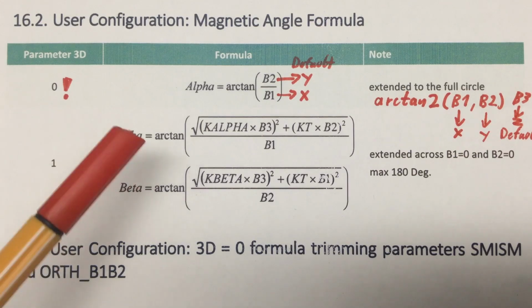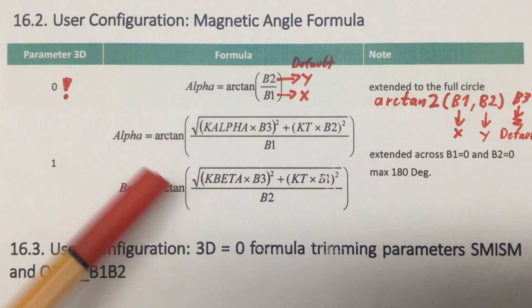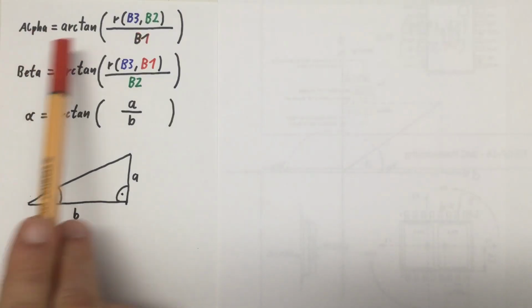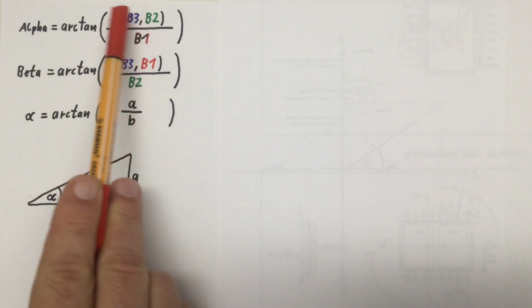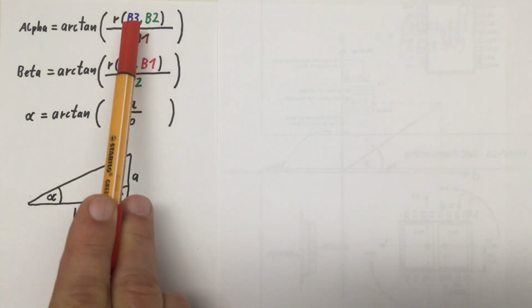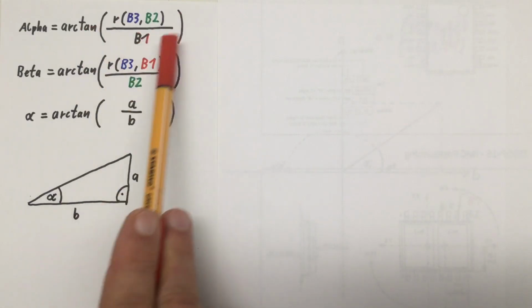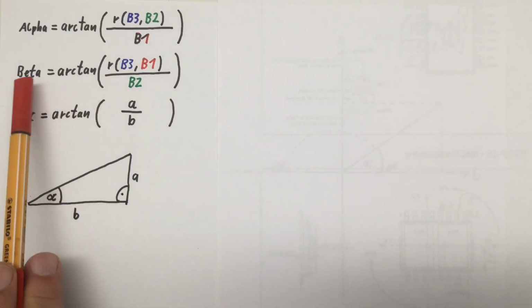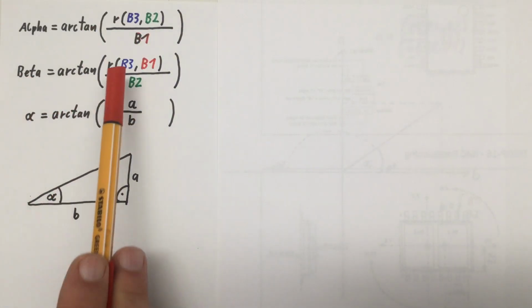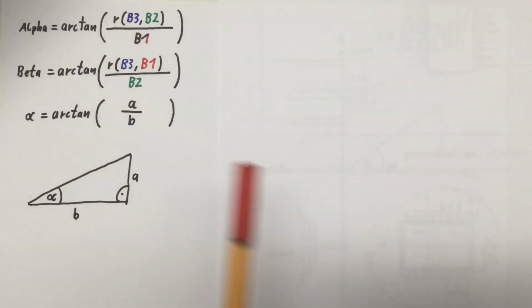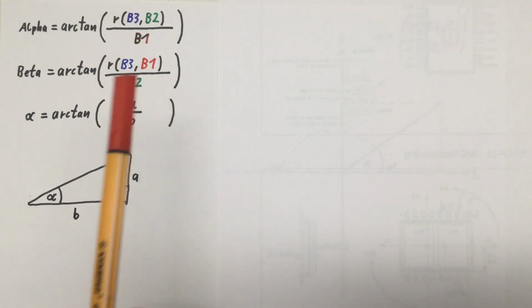Now, let's handle the arcus tangens part of these equations. So, alpha is the arcus tangens of the radius we calculated from B3 and B2 divided by B1. And beta is the arcus tangens of the radius we calculated from B3 and B1 divided by B2.